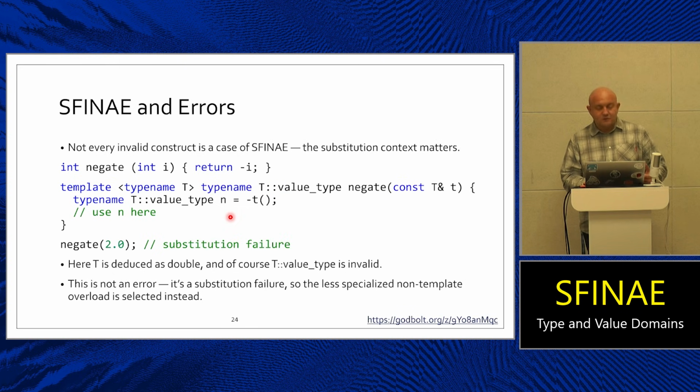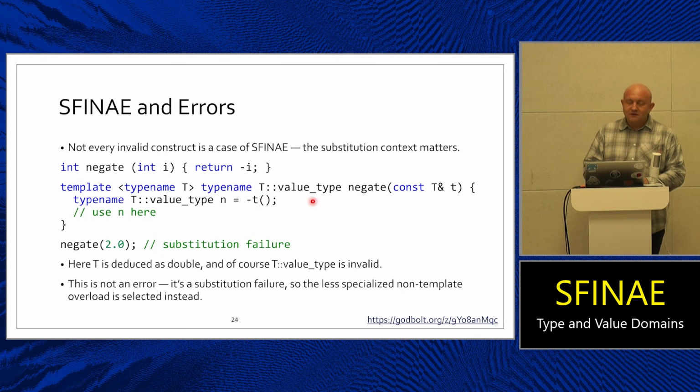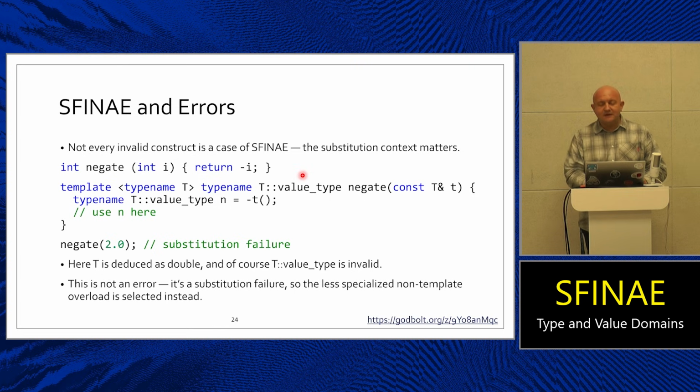And yes, we can. If we move the same T::value_type into the function signature, say into the return type, everything changes. Then substitution now tries to form the return type. It fails right there. That's exactly the immediate context that we're talking about. This is invalid, and this is the immediate context of substitution.